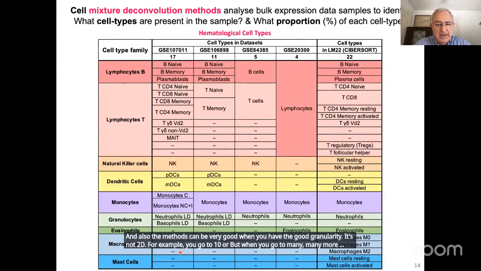For example, as you can see here, in most of these data sets we didn't have macrophages or mast cells. And in neutrophils, some of the granulocytes in some of the data sets are not very well populated, as I said before, and they are usually very important in these samples.